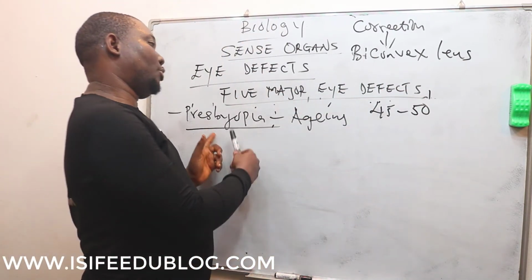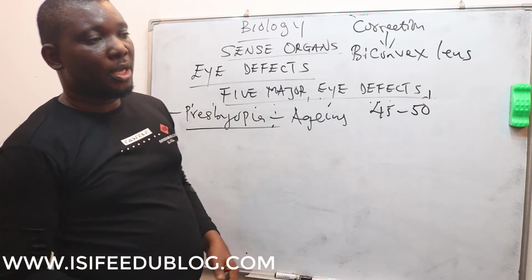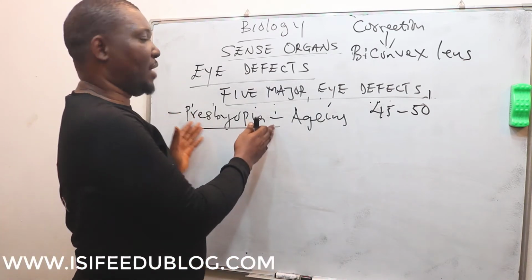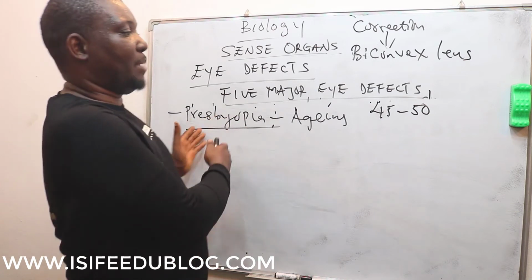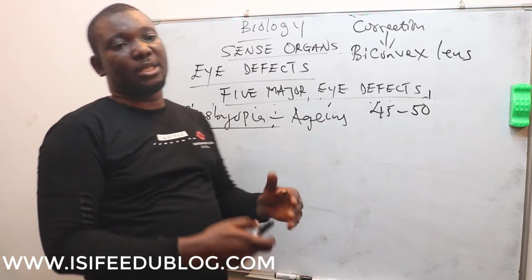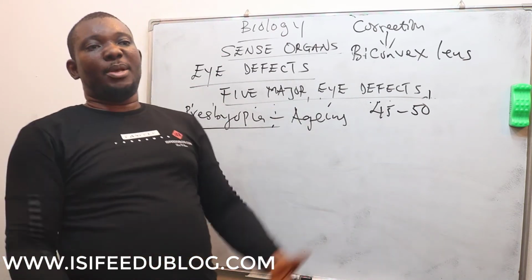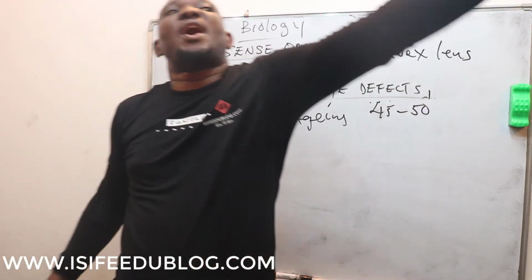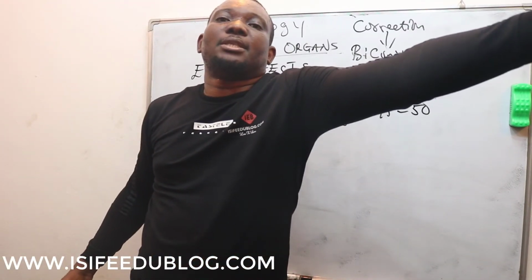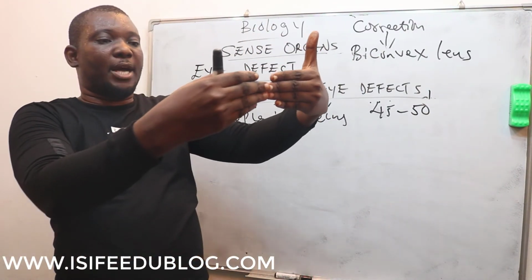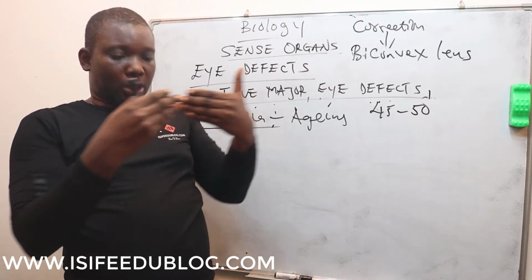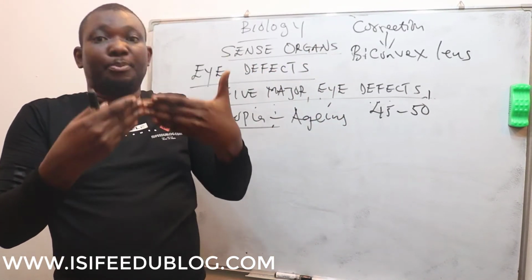Like I said, this can only appear with aging. Most individuals that have this kind of eye defect show the symptom of reading a newspaper while placing the newspaper far from the eye before they can see. If the paper or the print media is close to the eye, the person sees it blurry.